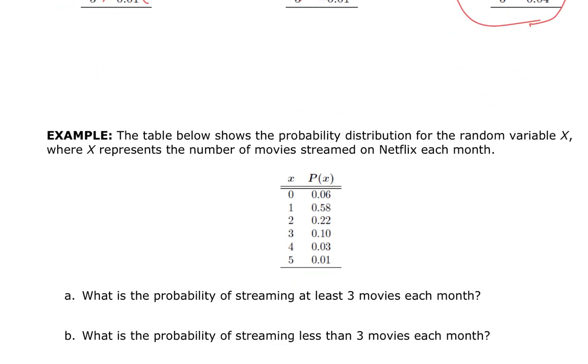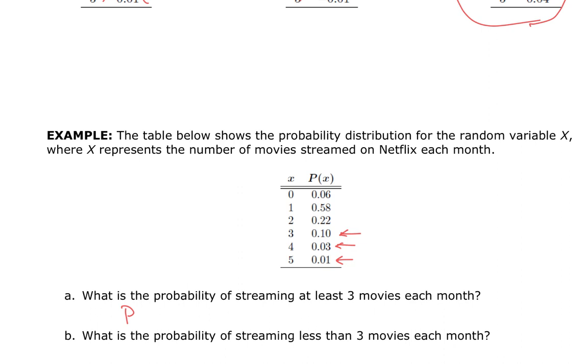The table below shows a probability distribution for the random variable X, where X represents the number of movies streamed on Netflix each month. So here's my table. What is the probability of streaming at least 3 movies each month? Well, to do this, that means I would have the probability of 3, 4, and 5.